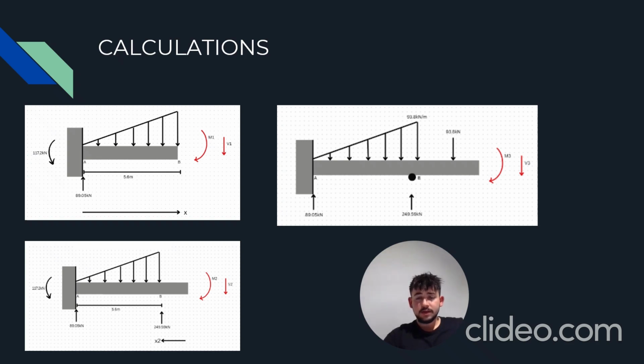By doing this, we're able to calibrate 3 different moment and shear force equations, and that would assist us in visually representing the shear force and bending moment diagrams, as well as helping us find the maximum deflection, maximum bending moment, and maximum shear.